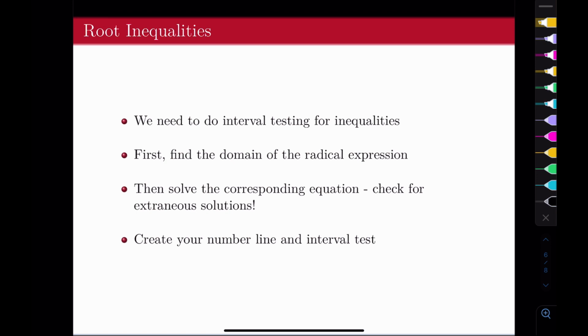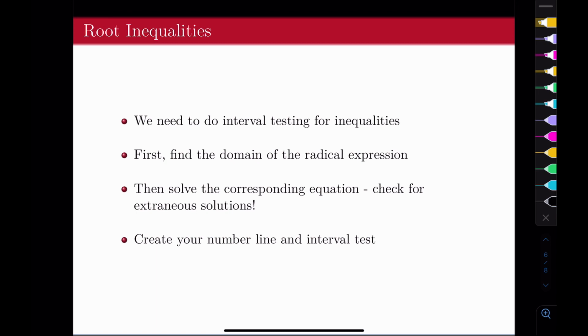The other thing that's going to be important is because we're dealing with radicals, and typically they're going to be square roots, we need to make sure that we're only picking numbers that make sense. When we were dealing with the number lines for quadratics, there were no issues because the domain of a quadratic was all real numbers. When we're dealing with the rational functions, you were finding values that caused an issue, and those were key for interval testing.